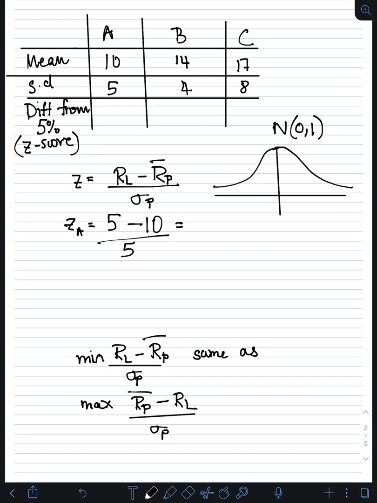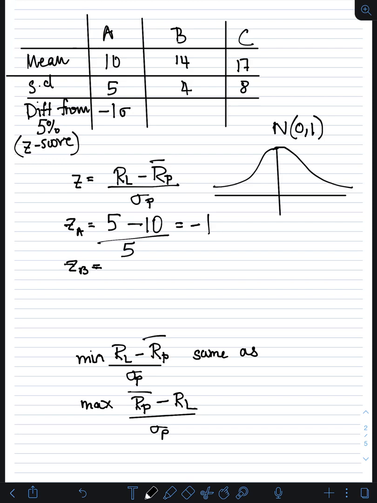And so ZA is minus 1. 5 minus 10 is minus 5, divided by 5 is minus 1. So we are 1 standard deviation away from our mean. Similarly, we calculate ZB. You don't have to call it a Z value, it's just to tell you that we're still doing the exact same thing that we've done before.